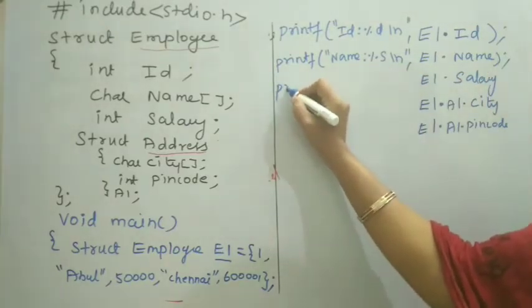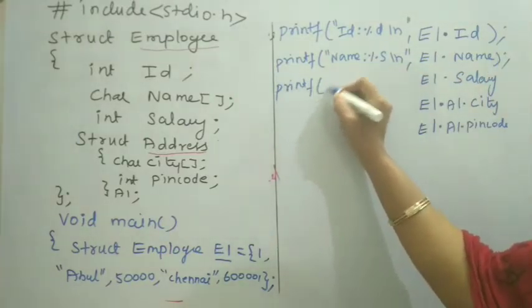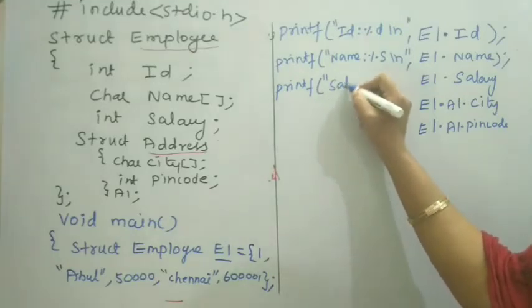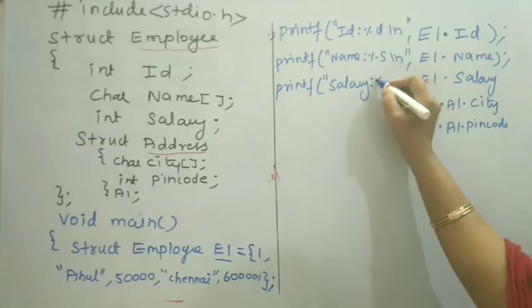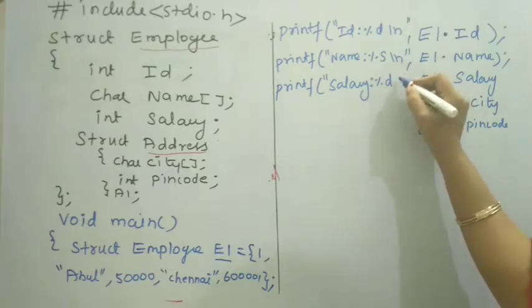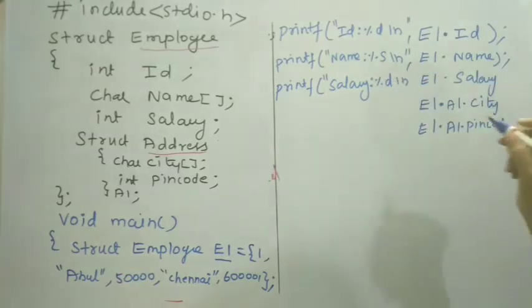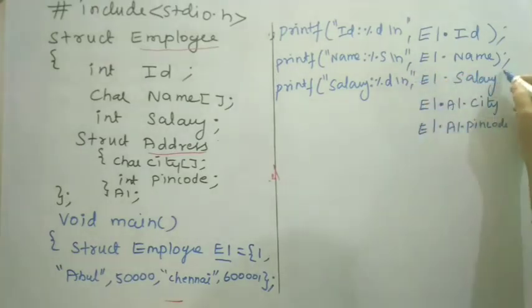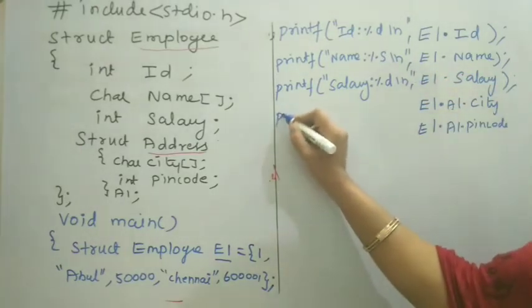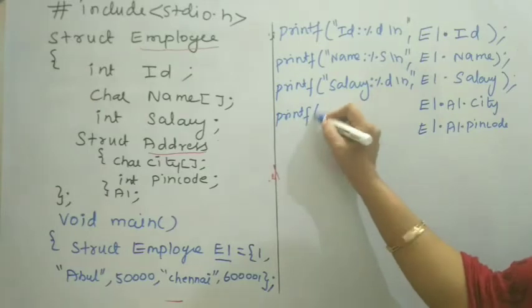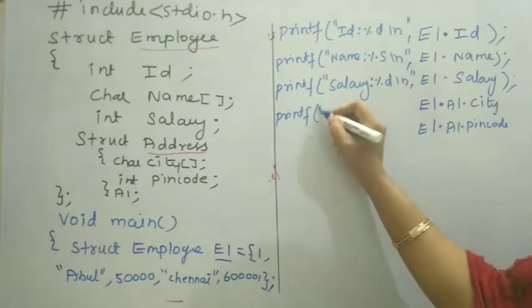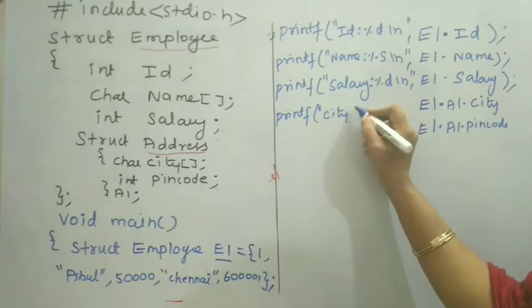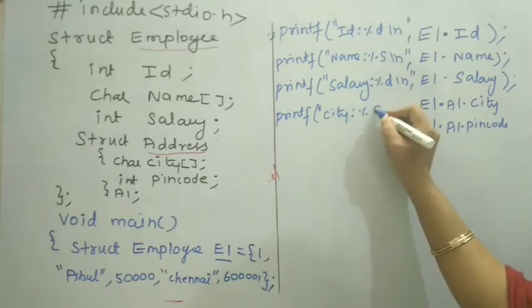Okay, and then a printf statement to print the value of the data member salary. Salary is of course an integer value, so the control string is percentage d. To move to the next line, control string backslash n. Next, I need to print the value of city. City is a string value, so the control string is percentage s.